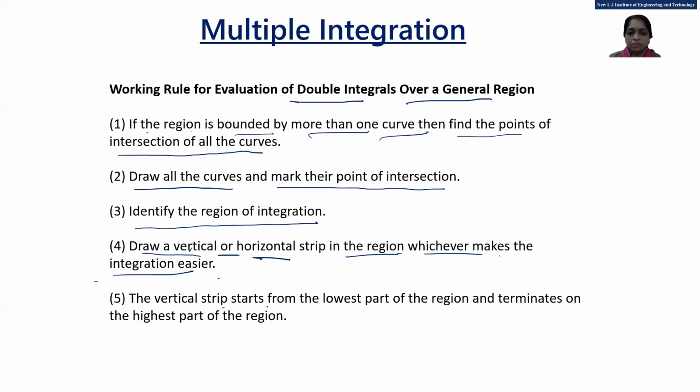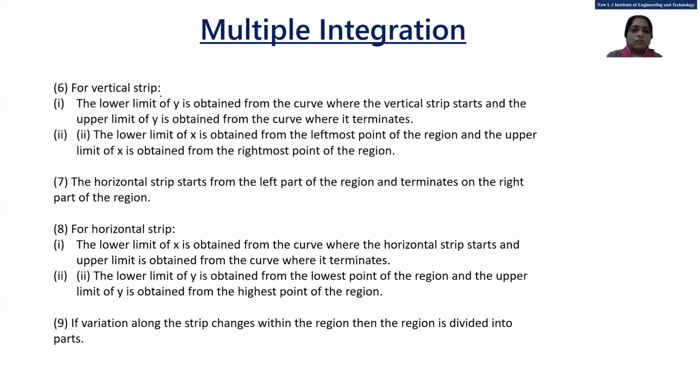The vertical strip starts from the lowest part of the region and terminates on the highest part of the region. For the vertical strip, the lower limit of y is obtained from the curve where the vertical strip starts, and the upper limit of y is obtained from the curve where it terminates.